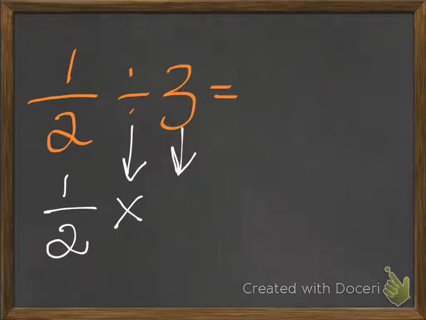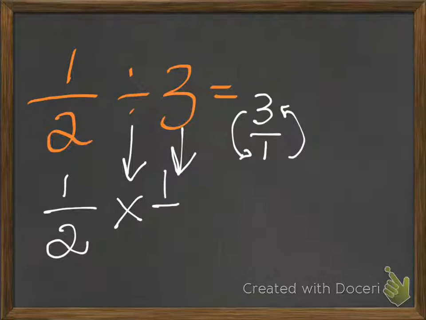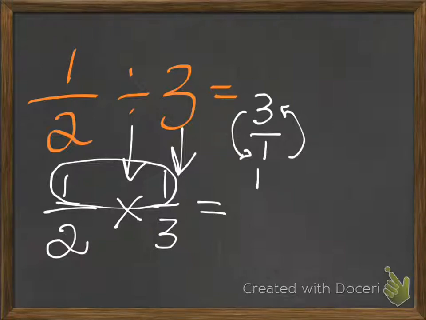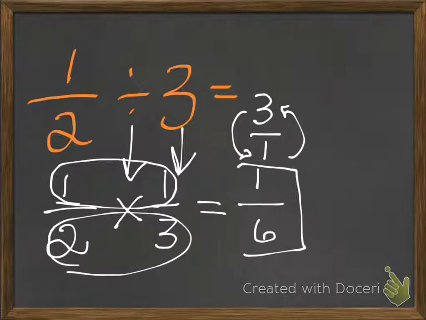So we know that 3 equals 3/1. So we're going to flip those numbers, and then we will have 1/3. Then we can multiply the numerators. 1 times 1 is 1, and 2 times 3 is 6. So each person is going to get 1/6 of the whole casserole.